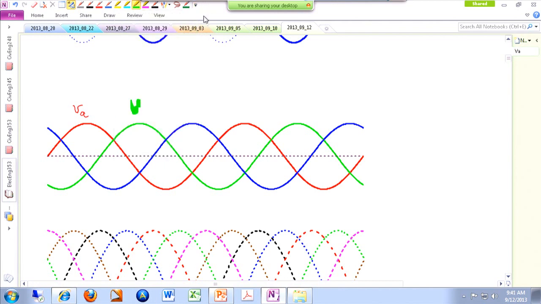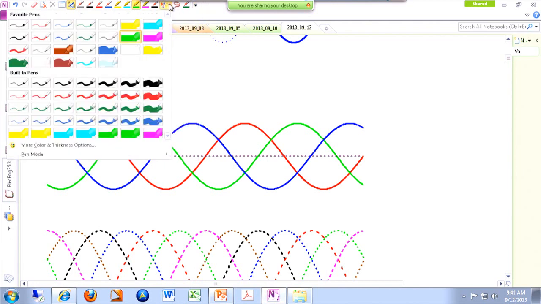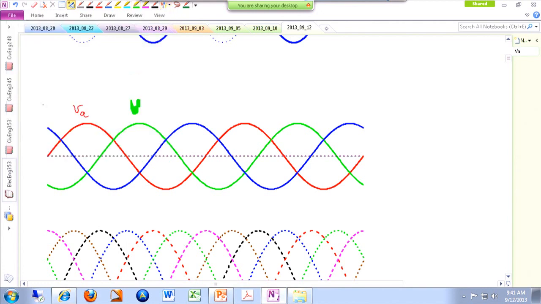I was hoping I could use all colors, but it looks like some of them are thicker than the others. So let's do this one. And finally, blue, let's call it phase C. Like RGB, red, green, blue of a TV signal, I'm following almost the same pattern.